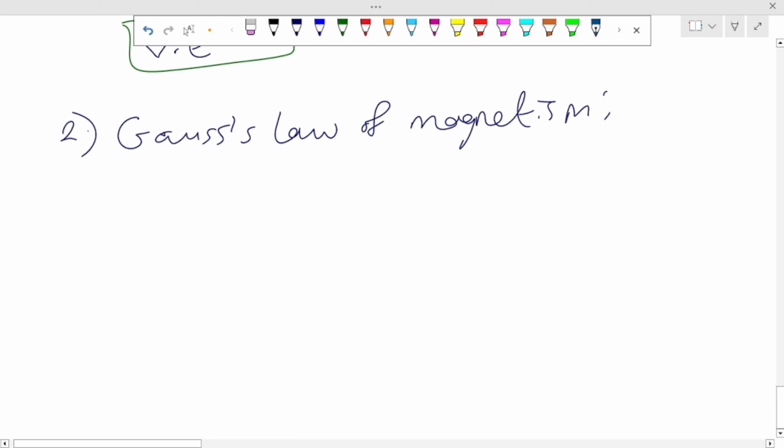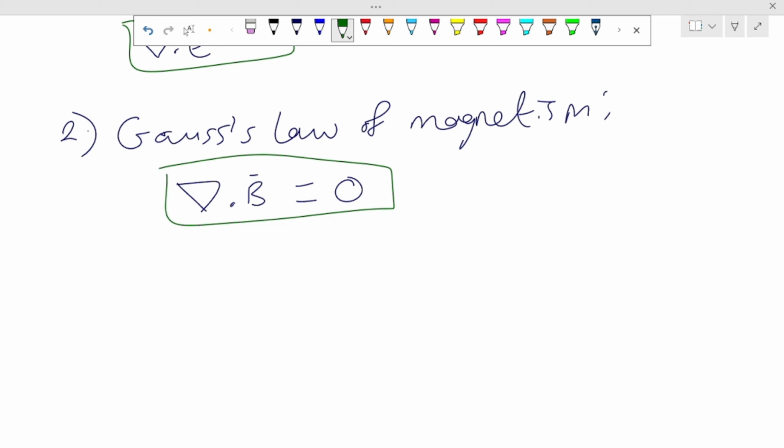So for Gauss's law of magnetism, the divergence of the magnetic field, or the magnetic flux, equals zero. We've done all this in the previous videos. Gauss's law for magnetism is usually zero. So already we have this as zero.